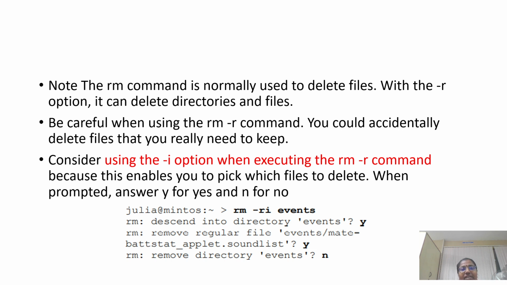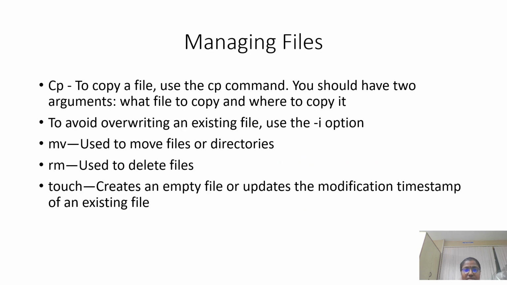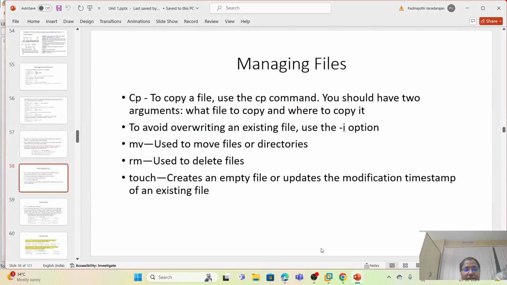So consider using the -i option when executing the rm -r command. This enables you to pick which files you want to delete. So you can pick the file by using the yes or no option and then delete it. For example, you can do this here.